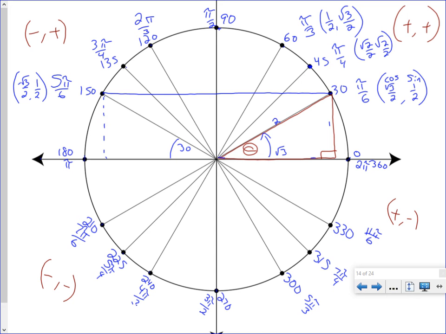When I take the 45 and I move it to the second quadrant, I'm moving it horizontally. If I move it horizontally, what value changes? The y value stays the same, the x value becomes negative. So here, it's negative root 2 over 2, root 2 over 2.